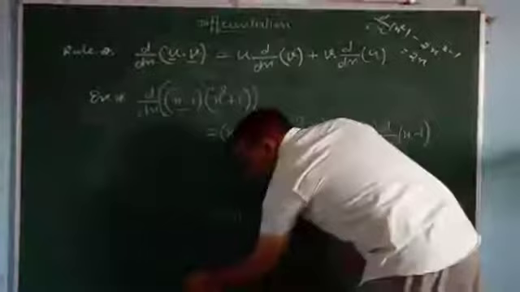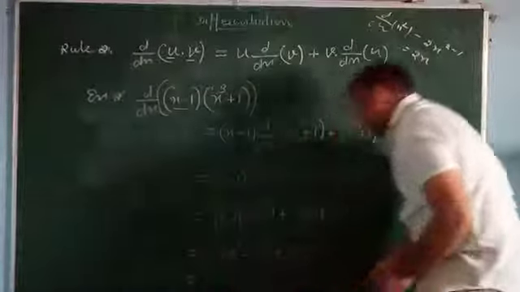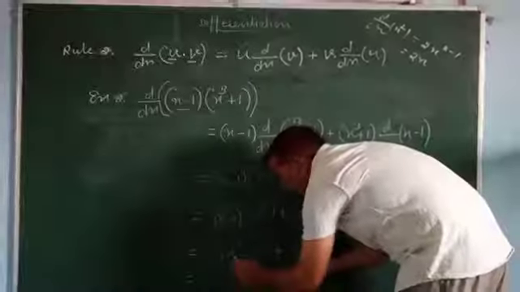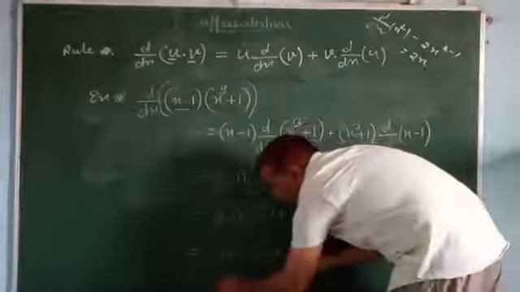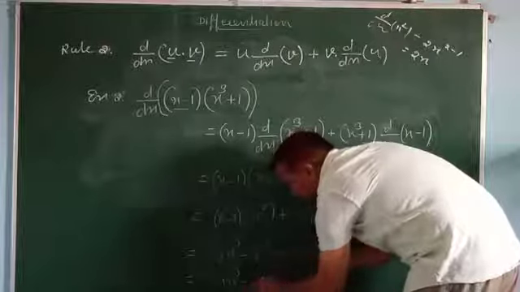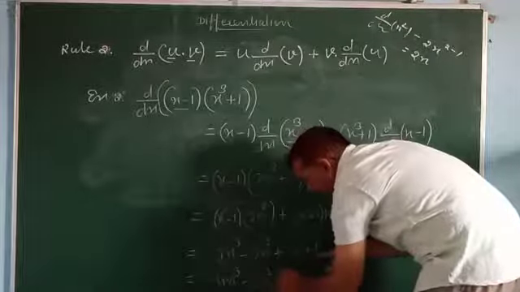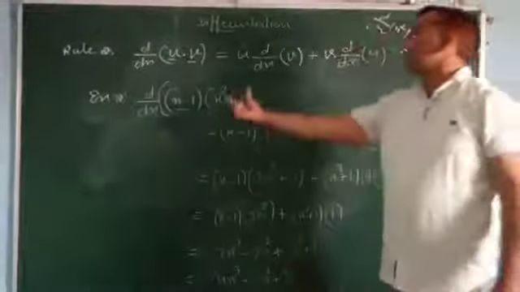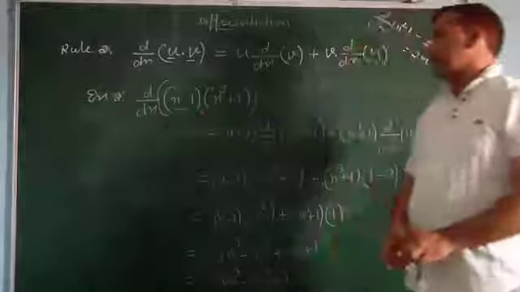And here we are looking this term and this term are the same term, so you can add them. 3x cube plus x cube, that is 4x cube minus 3x square plus 1. This will be the derivative of this function.